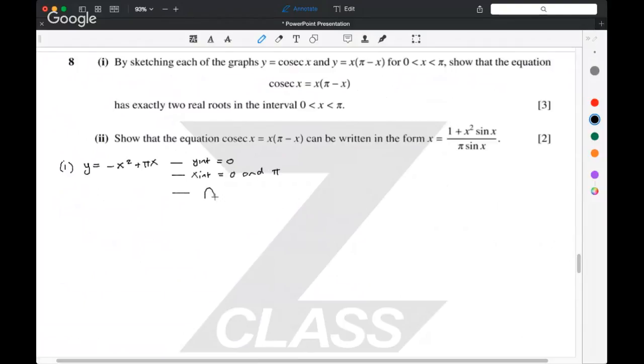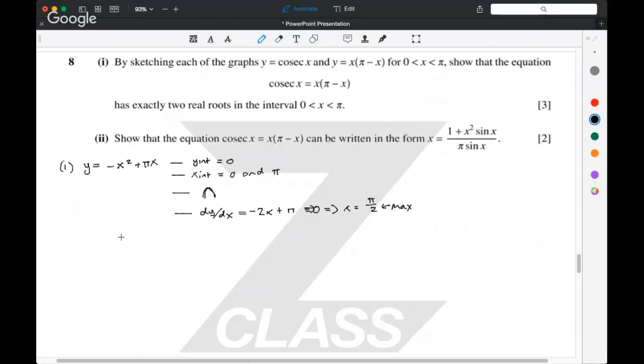We see that it's a frowny face because it's got a minus in front of the x squared. And we see that the maximum is given when dy/dx is equal to minus 2x plus pi, which is equal to 0, which implies that x is equal to pi over 2. So this is the max.